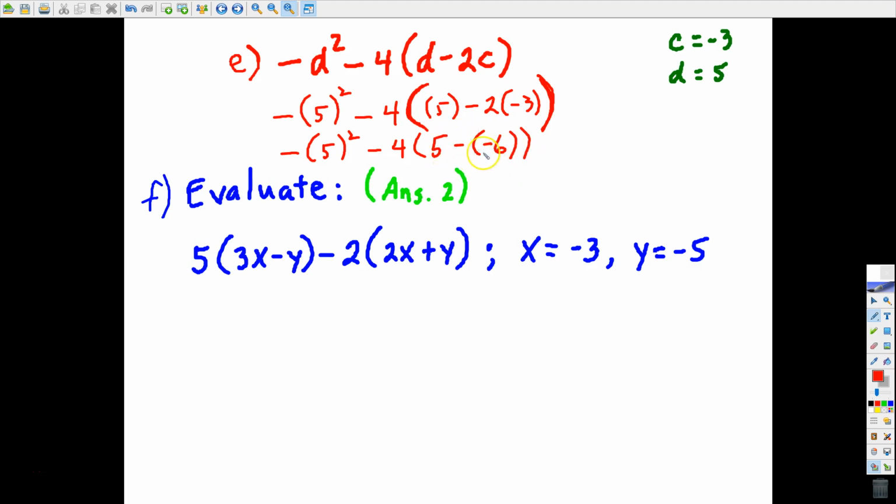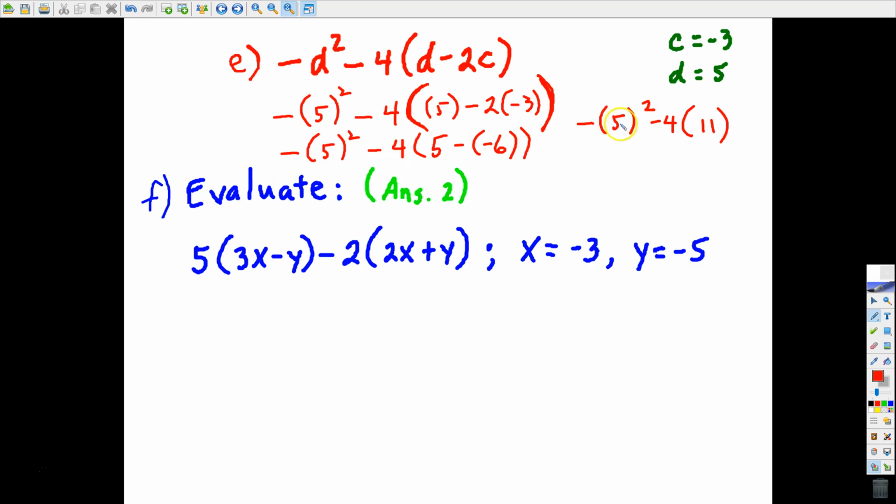Okay, and now continuing simplifying within parentheses, 5 minus negative 6, that's another way of saying addition. 5 plus 6 is 11. Okay, very good. Now I'm going to take care of the exponent, and you've got to be careful here because the way it's written, it says to square whatever D is, and then in effect you're going to multiply that result by negative 1, or you're going to make it the opposite of whatever D squared is.